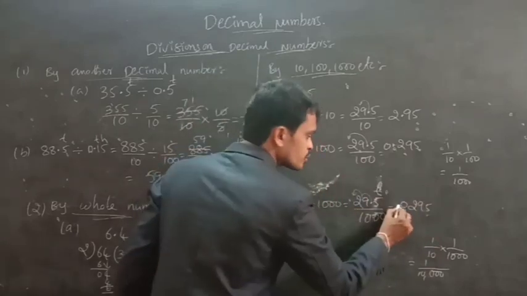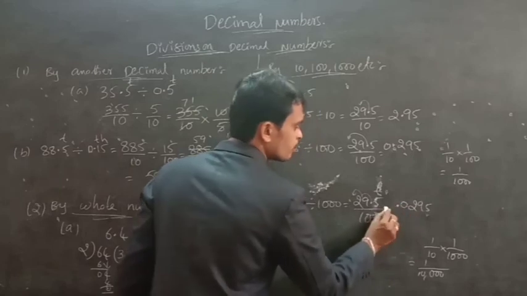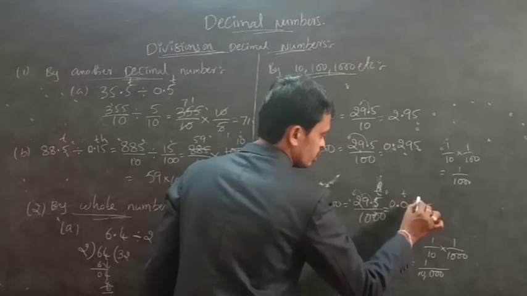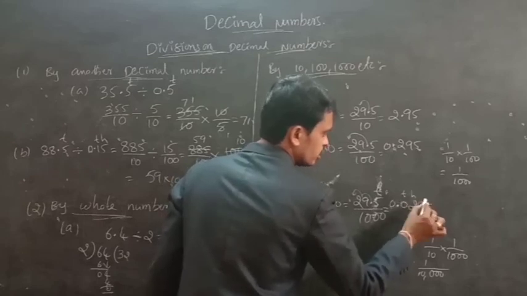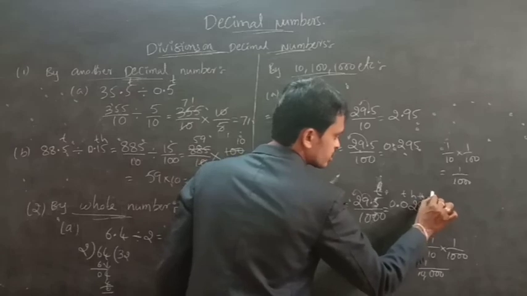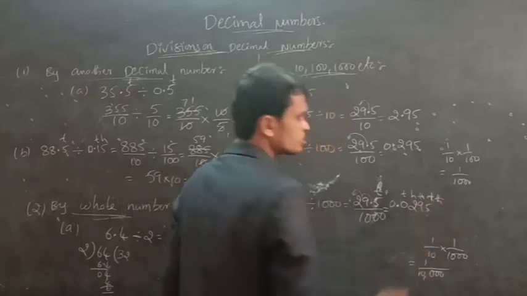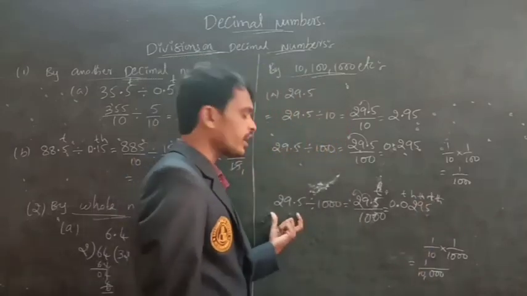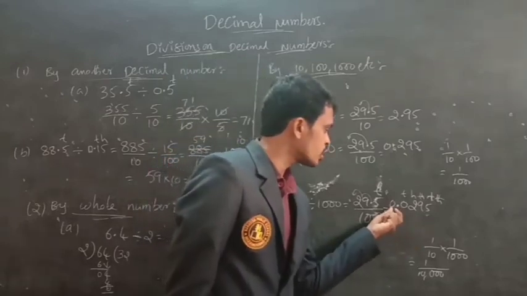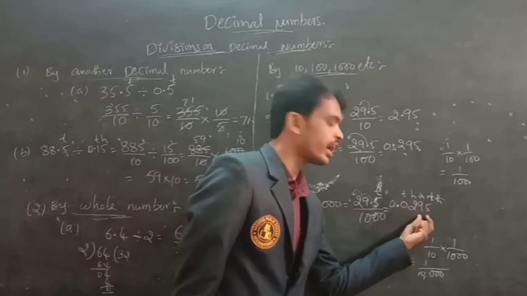After 0 we should place the decimal point. So look here: this is tenth, this is hundredth, this is thousandth, and this is ten-thousandth. Then 29.5 divided by 1000, the answer is 0.0295.